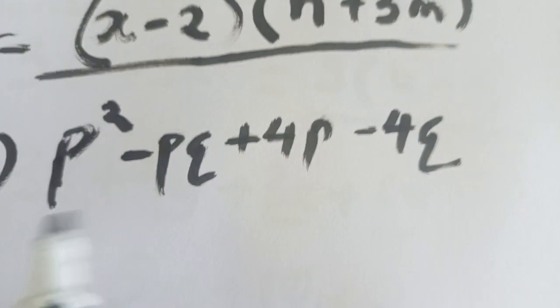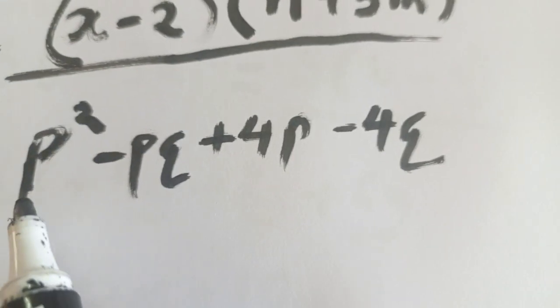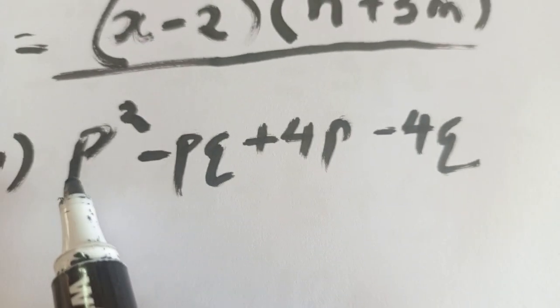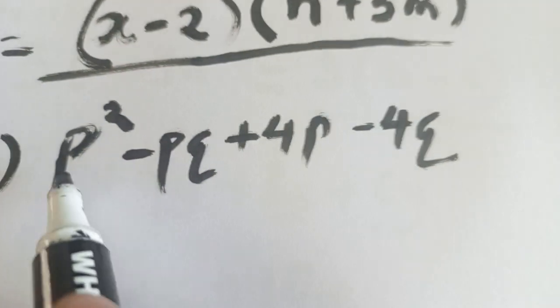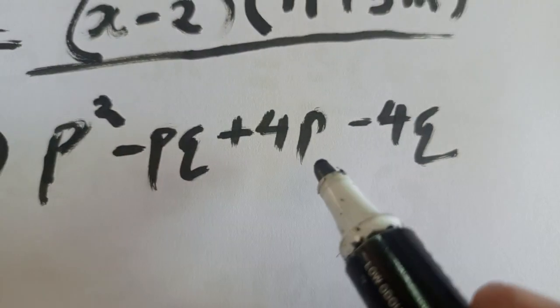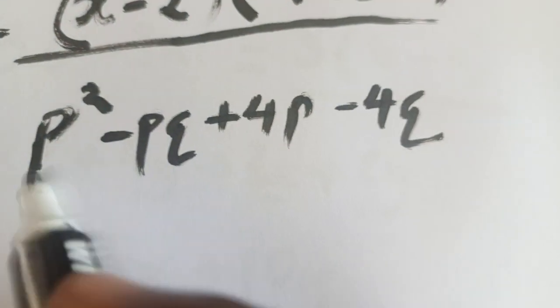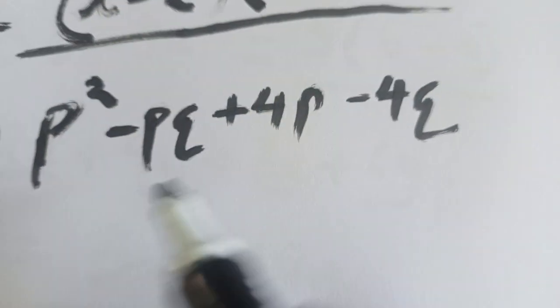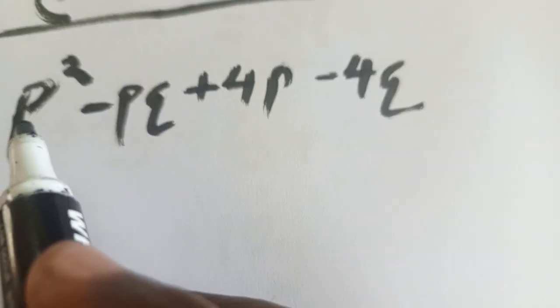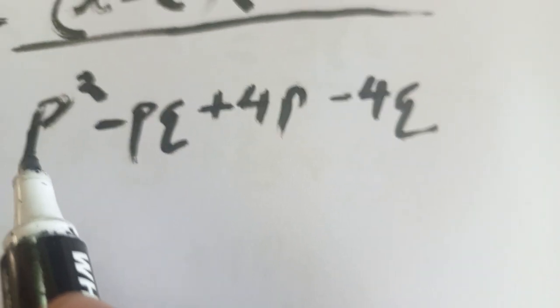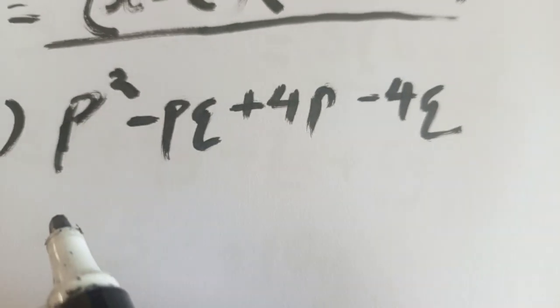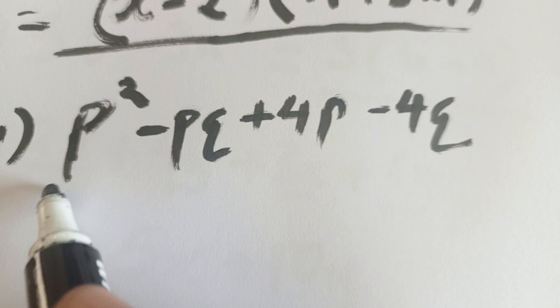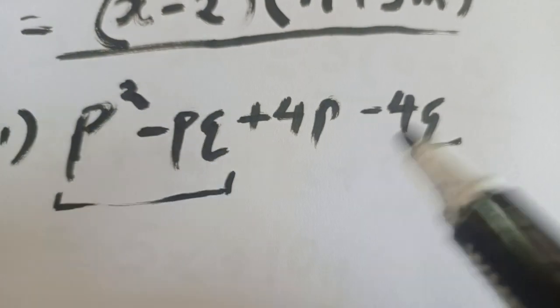Again, look here. There's no common factor to all the terms, and there are also no like terms for us to put together and then factorize later. So in this case, this is a case that is ripe for factorization by grouping. And remember, we've said our grouping is putting in pairs.